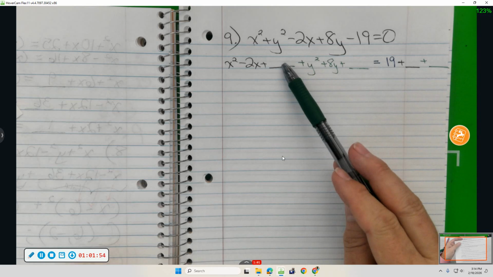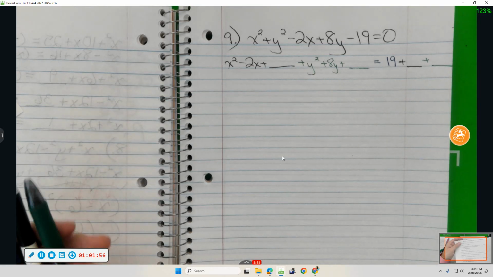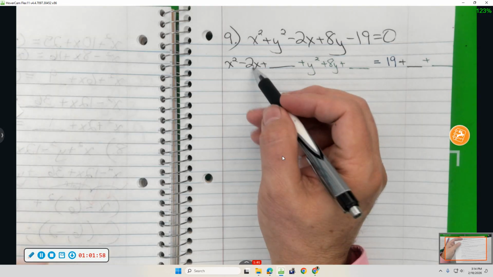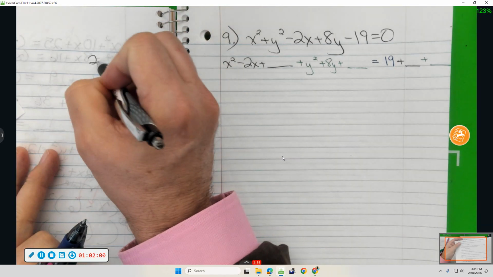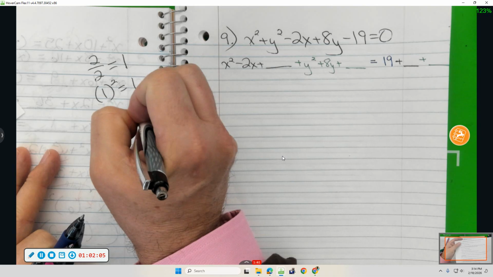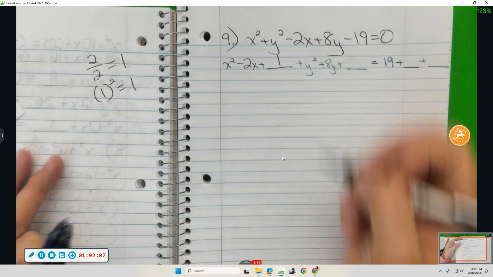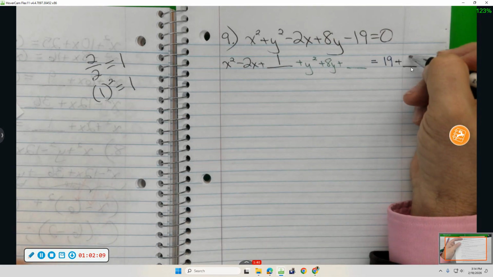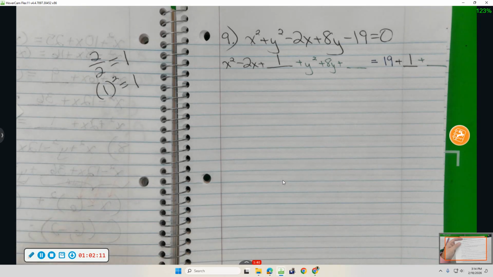What number is going to go in the first blank? 1, I agree. Here's your thought: 2 divided by 2 is 1. 1 squared is just 1. So we add 1 to the left, and to maintain the balance, we have to add 1 to the right.